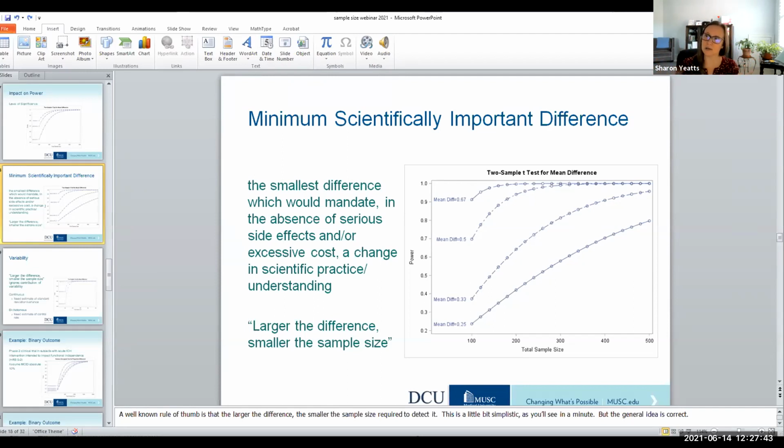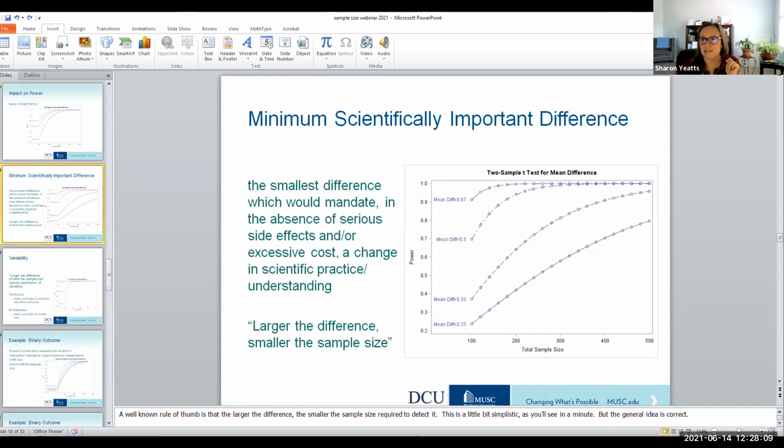So there can be some back and forth. There is sometimes some justification in terms of weighing what the side effects might be or what the cost is associated with an intervention and how difficult it is to administer or adhere to. But this is generally a clinically driven or scientifically driven value.